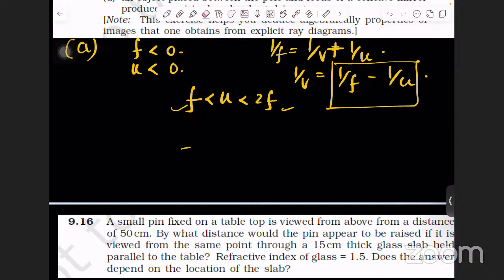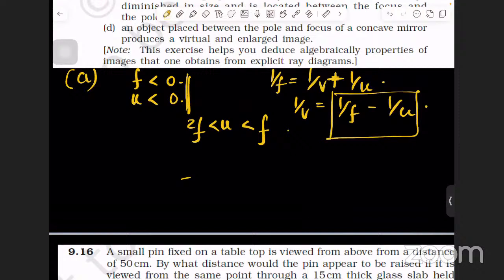So the sign would be reversed. Magnitude-wise this is not correct, this should be reversed, but actually these two are negative, so these inequality signs should also change.